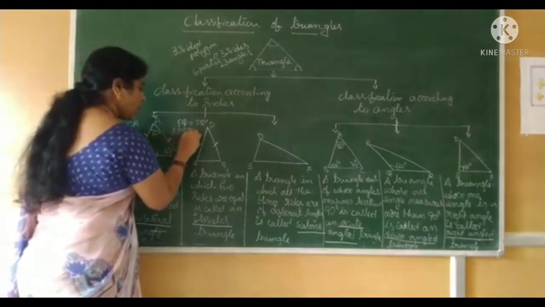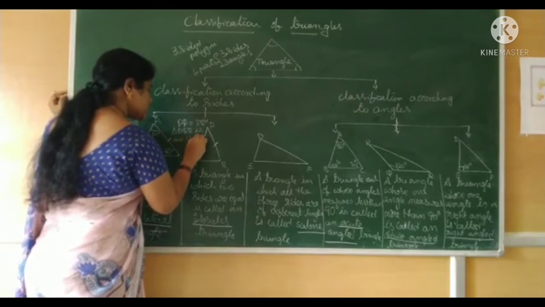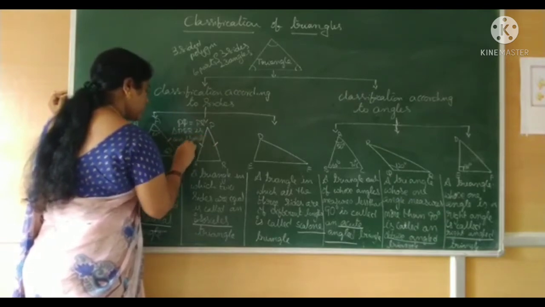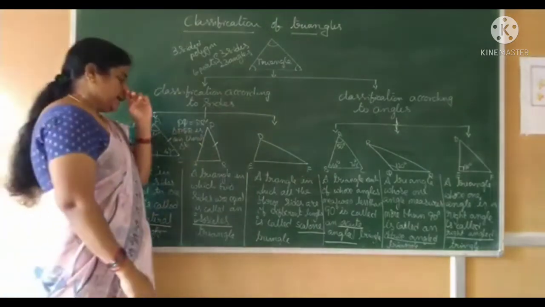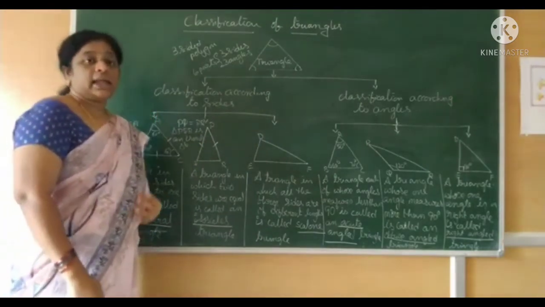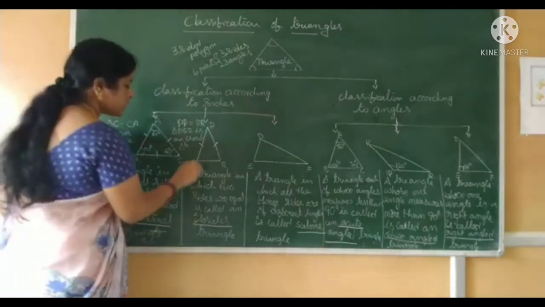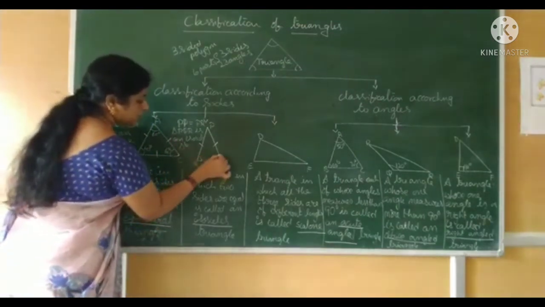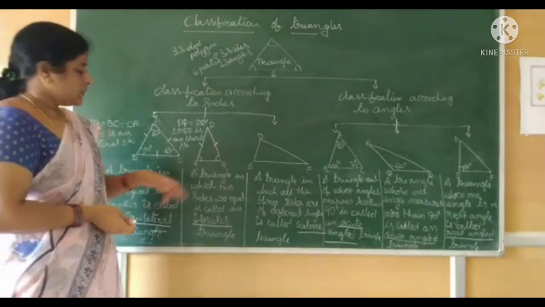So, what type of triangle is this? Triangle PQR is an isosceles triangle. And angles opposite to the two equal sides are also equal. Here, this angle and this angle are equal in measure.